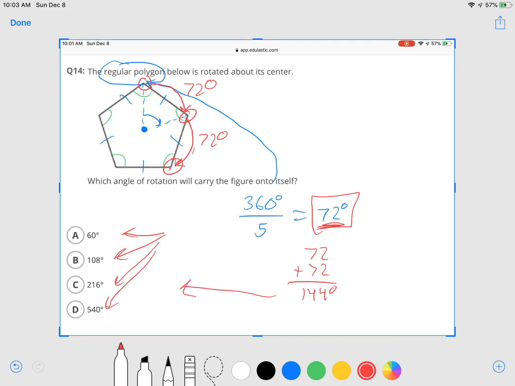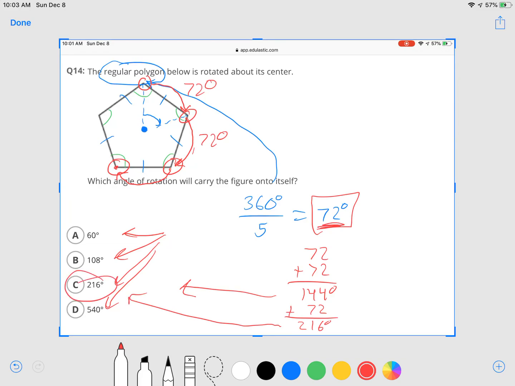But notice 144 is not over there. Okay, but you can rotate another 72 degrees. So we're going to take this corner and rotate it another 72 degrees so that it lands here, right? All of the points move around as you rotate 72 degrees. If we add another 72 to the 144, that gives us 216 degrees, which is actually right there.